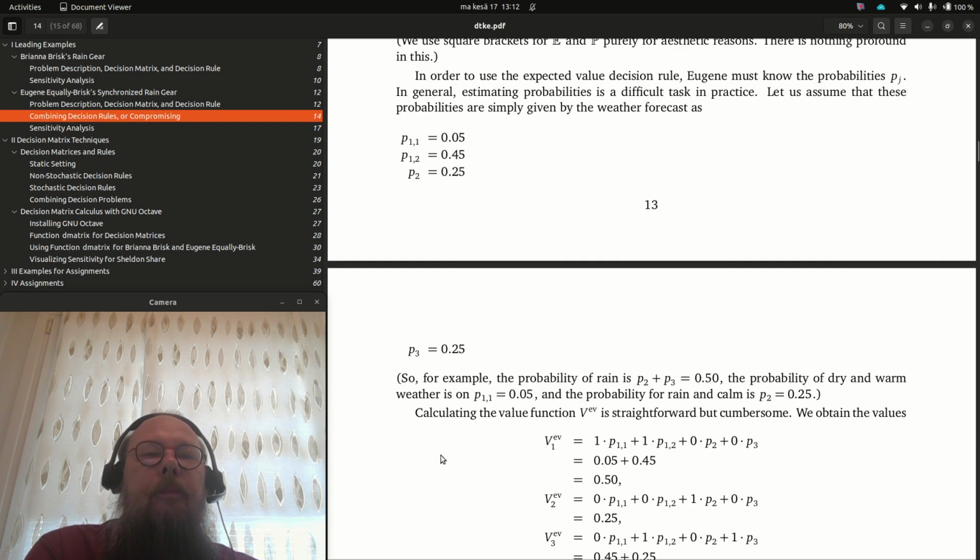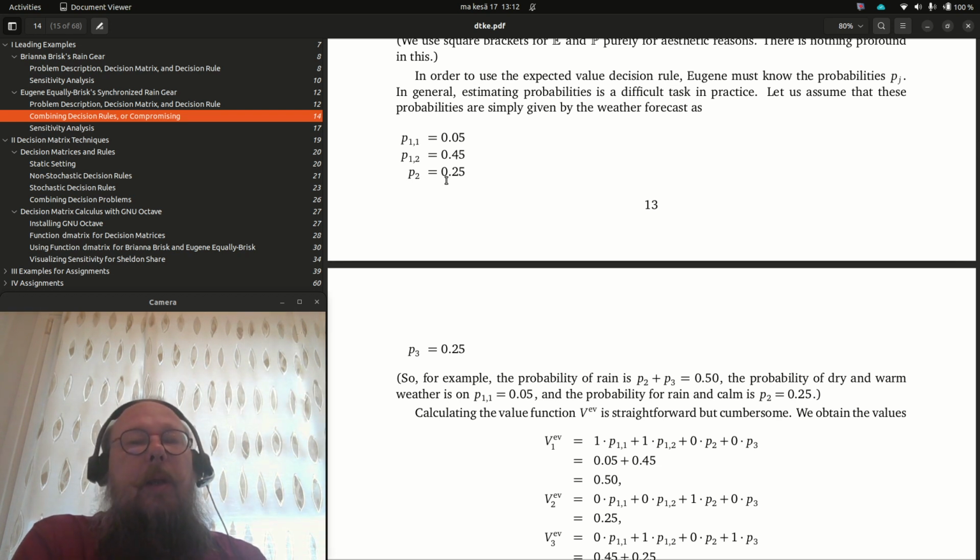Okay, so for example in these probabilities, the probability of rain is scenario 2 and 3, so it's 25% plus 25%, that's 50%. Probability of dry and warm was this 5% here, and probability of rain and calm is this P2 25%.